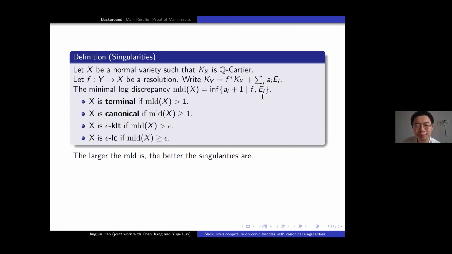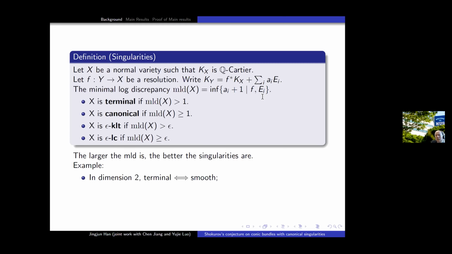For example, if the MLD is equal to the dimension of X, then it is expected that the center of such a point is smooth. Or if we can show the MLD of the variety is larger than n, then it is expected that closed points of this variety are smooth.